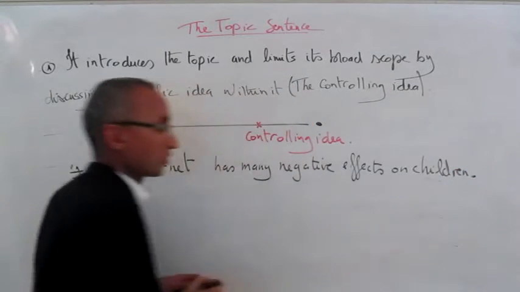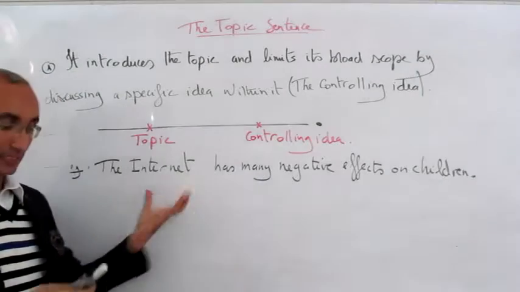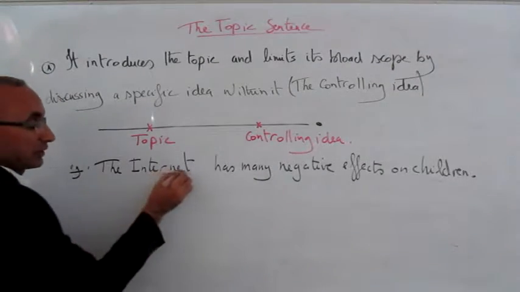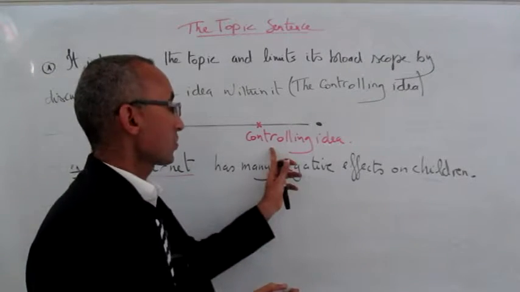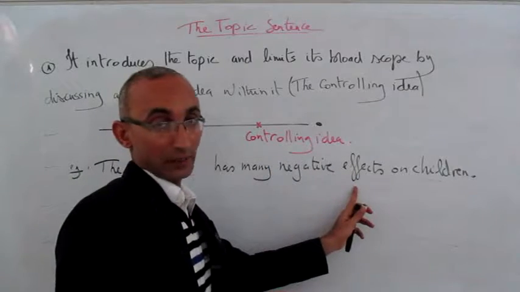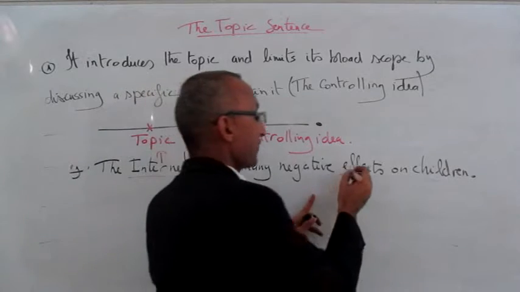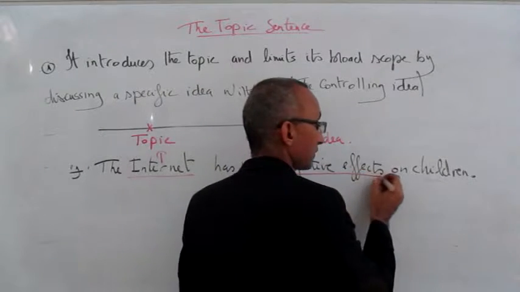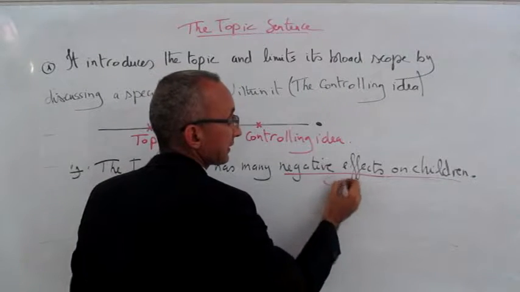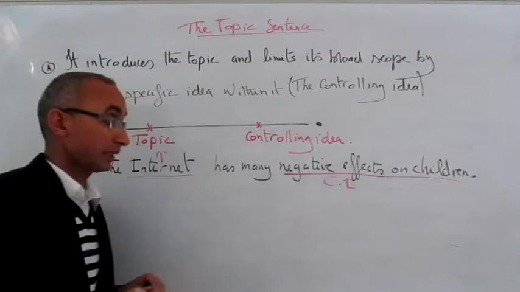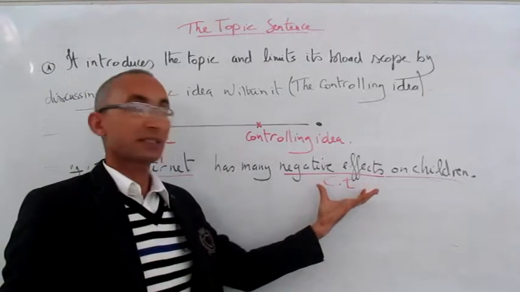So here is my first sentence of the paragraph, my topic sentence, and it includes the topic, which is the internet, and also the controlling idea, which is, more specifically, the negative effects on children. This is my specific or controlling idea. I will try to develop this topic in the light of this specific idea.